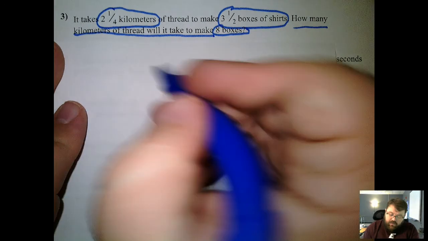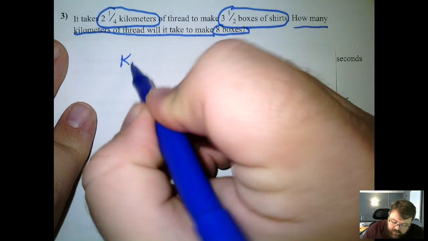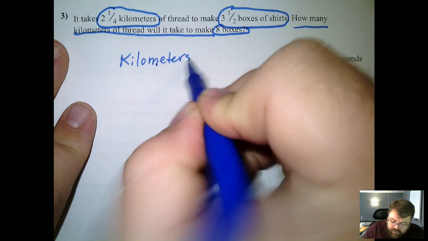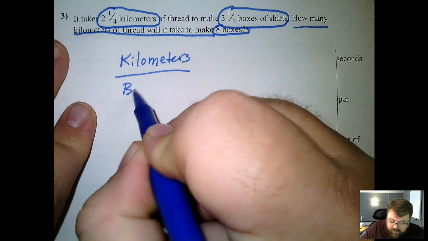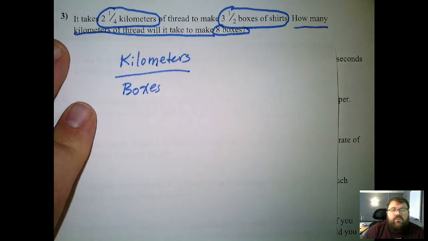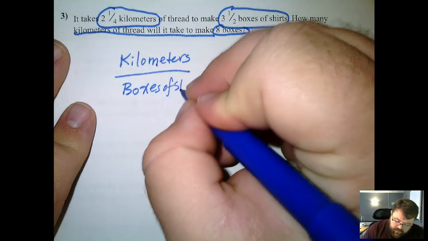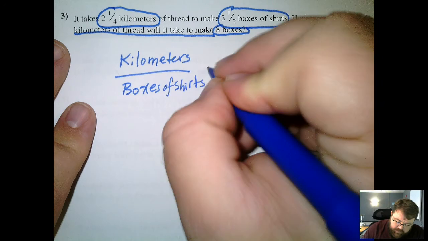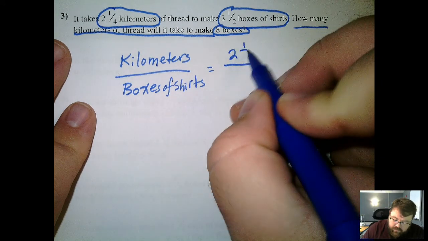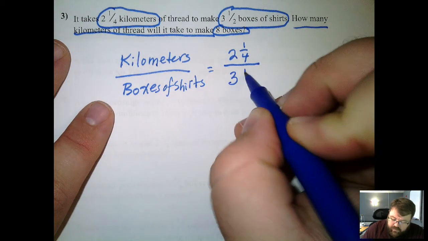Okay, so we're talking about kilometers, and we're talking about boxes of shirts. Our given ratio was 2¼, our boxes that made was 3½.